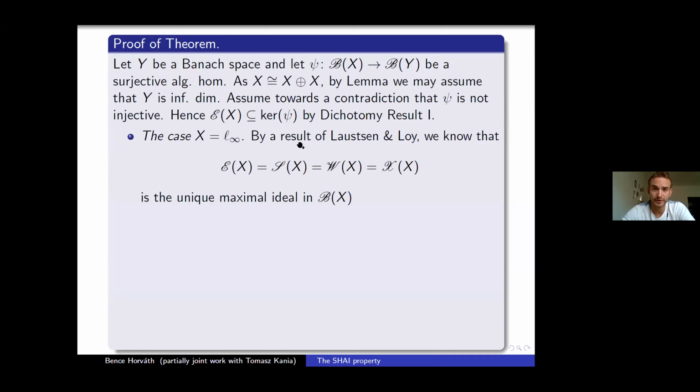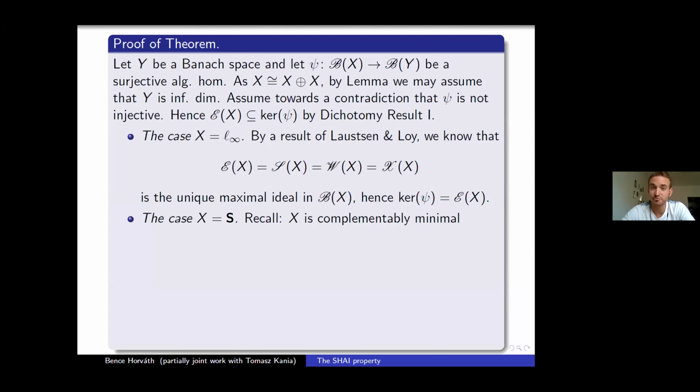It was proved by Niels Laustsen and Richard Loy, I think in 2003 or 4, that these ideals coincide with each other: the inessential operators, the strictly singular operators, the weakly compact operators, and the operators with separable range coincide, and it is the unique maximal ideal in B of X. So because of this containment, and we know this is a proper ideal, we know that they must be equal to each other. Okay, let me put this on a shelf for a moment and consider Schlumprecht's space.